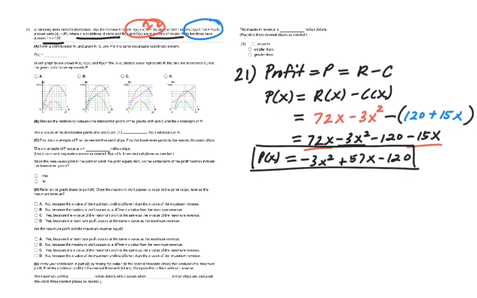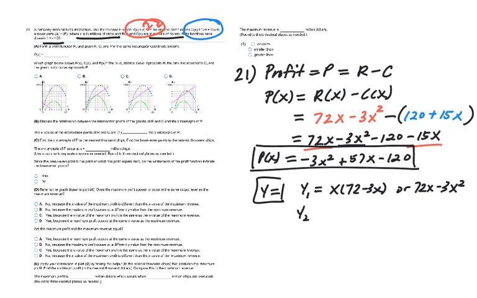Okay, next it says to graph R, C, and P in the same rectangular coordinate system. So here you'll go to y equals in the calculator and type under y1 the revenue function, R of x, x times 72 minus 3x. Or you can type 72x minus 3x squared, either one.